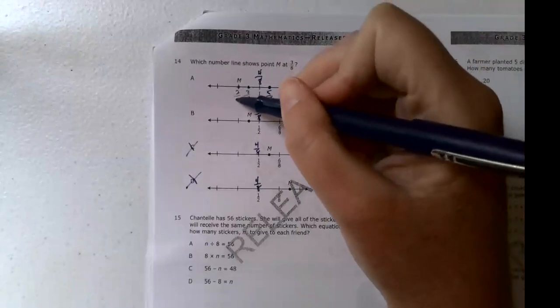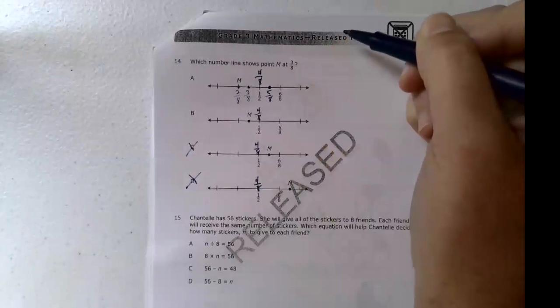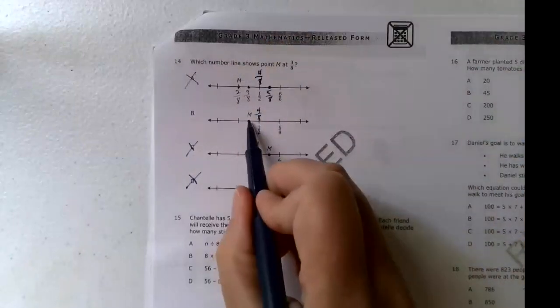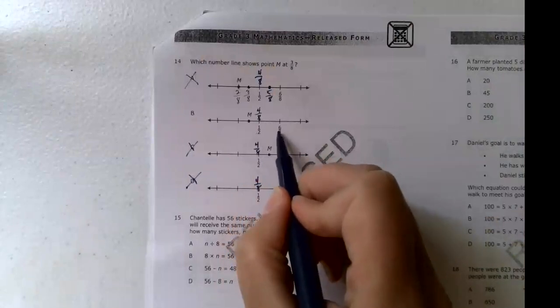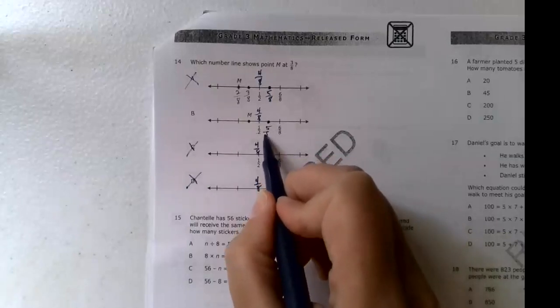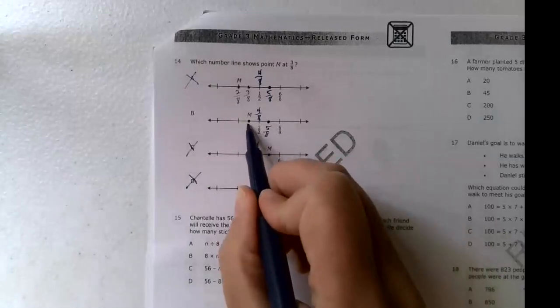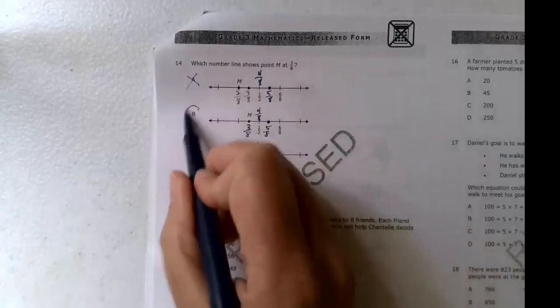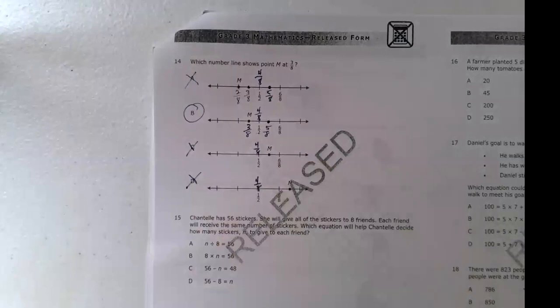This must be 2/8. So it can't be A. And now look again, if this is 6/8 and this is 4/8, this point would be 5/8. This point would be 3/8. So that is how they determine that B is the correct answer.